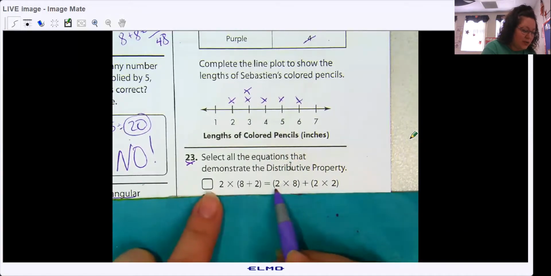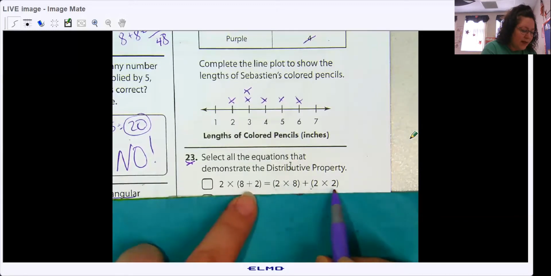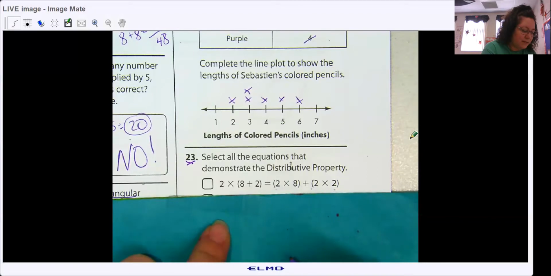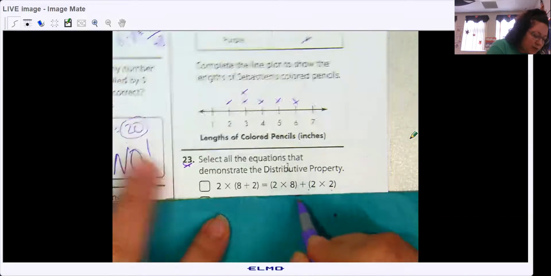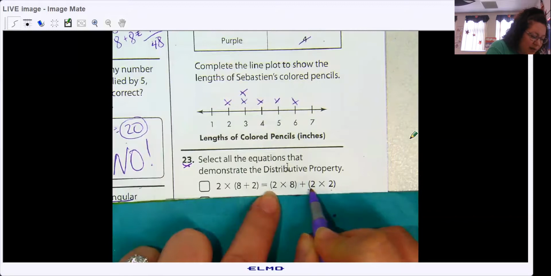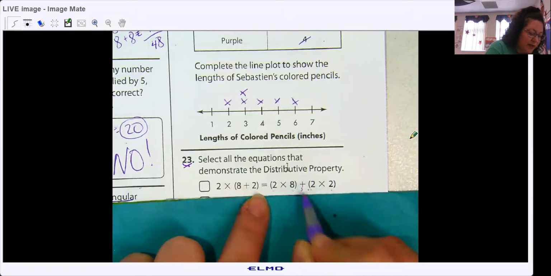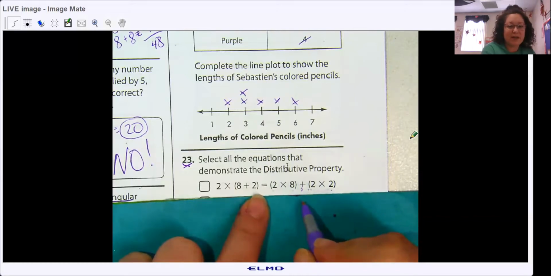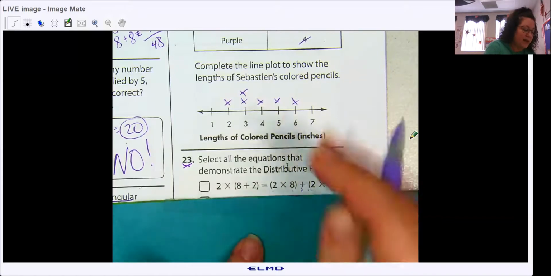We've got 2, and then the 8, and the 2 here. So if I want to check it, we've got the 2 here, and then the 8 and the 2 here, adding it together. So they didn't split it apart. They stretched out this problem to get the 2 on both sides. Okay, so that would be a yes.